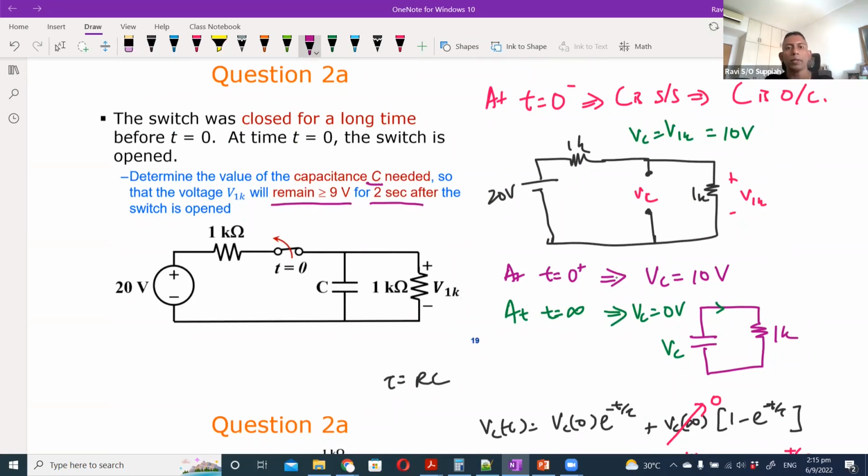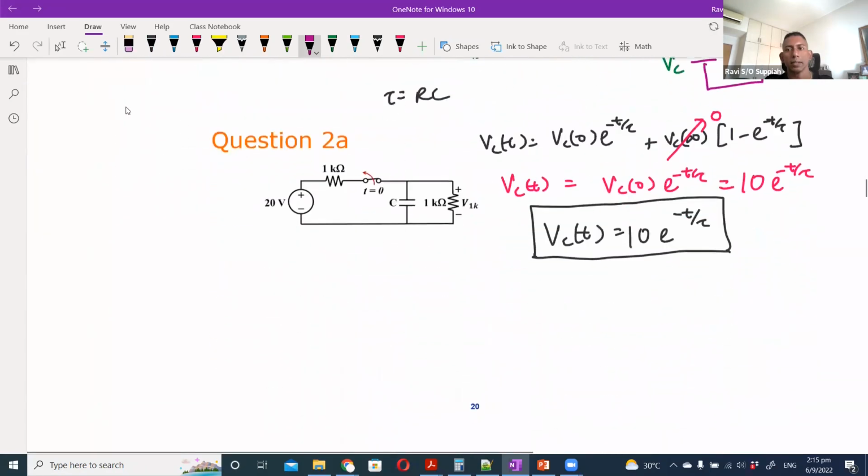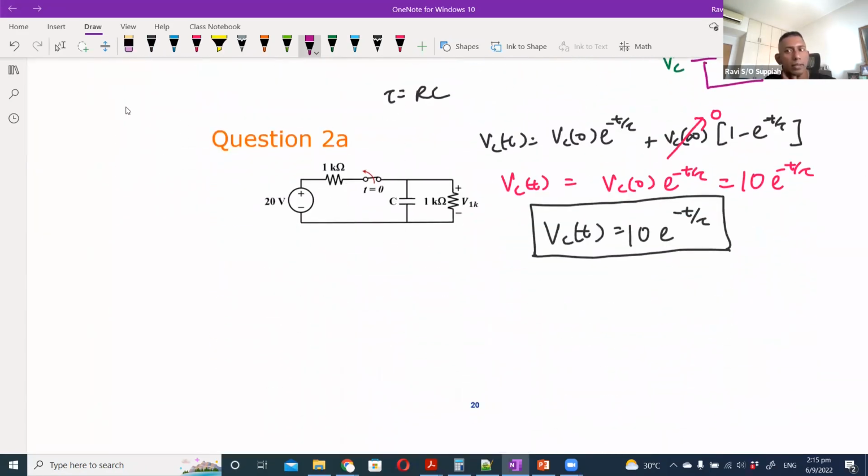So we know that the discharge is basically going to go from 10 volts all the way down, right? If I were to draw the graph, it will go something like this. It will start off with 10 volts, and then it will go down.